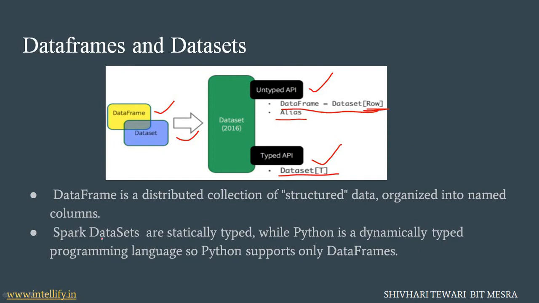Spark datasets are statically typed, while Python is dynamically typed. So Python supports only data frames in Spark, not datasets. We have to install the dataset from external storage, from the internet and from other devices. We cannot call the dataset in the pre-installed dataset like in R and in Scala. So this is the drawback of Spark if we are using Spark with Python.